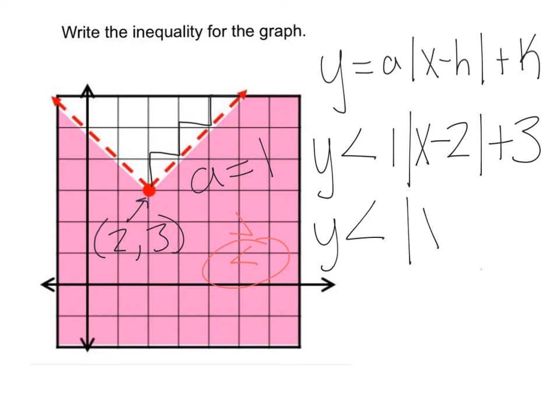It's just absolute value of x minus 2 plus 3. Because what that 1 indicates is that we didn't have a stretch or a compression of any kind. That didn't change from our parent function. So the only things that we did change from our parent function is that we moved to the right 2 spaces and we moved up 3 spaces. So this is our inequality.